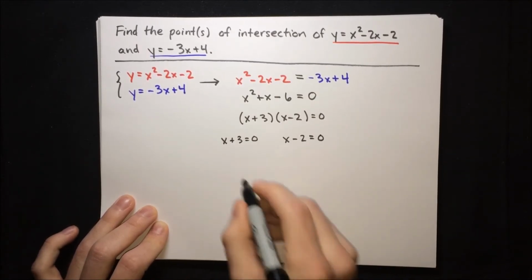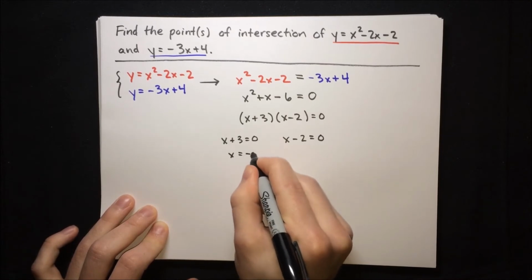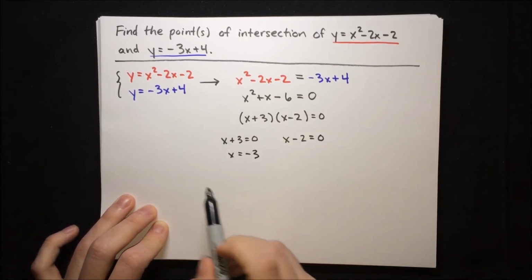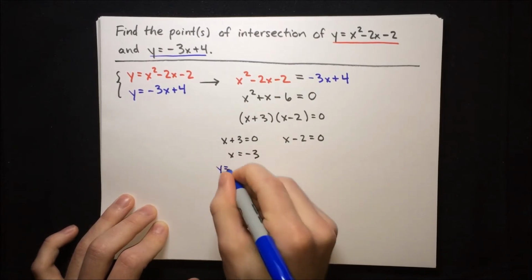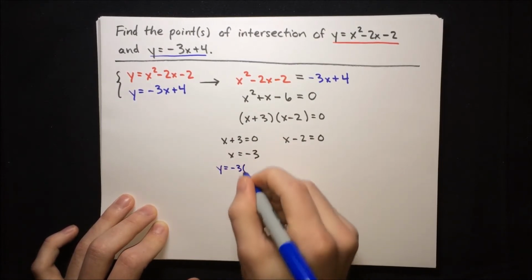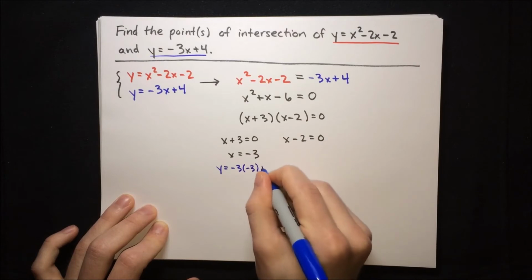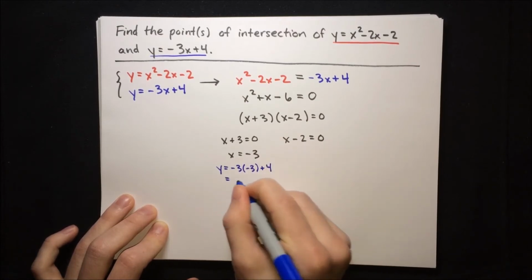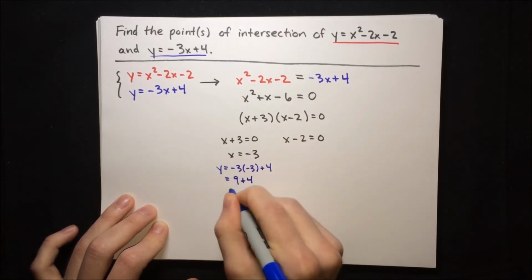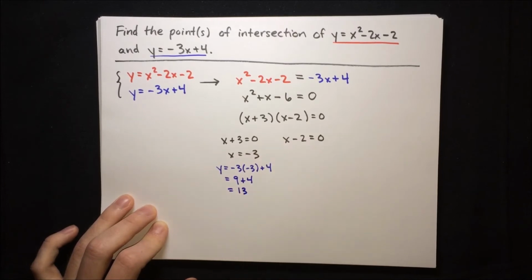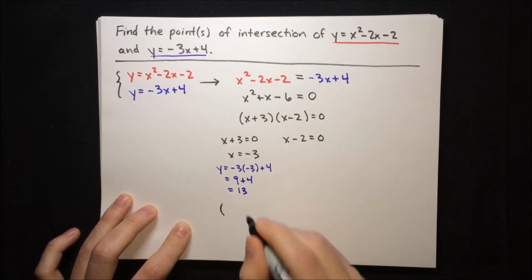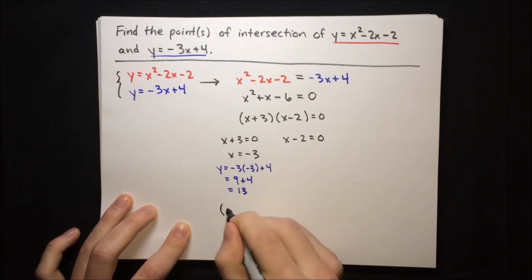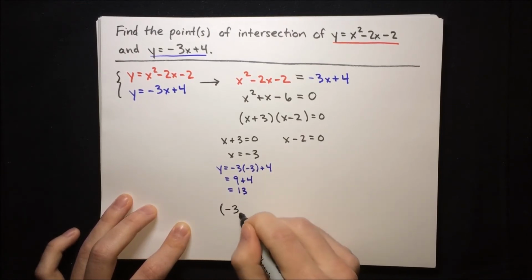If x plus 3 equals 0, then x equals negative 3, and then y equals negative 3 times negative 3 plus 4, which equals 9 plus 4, which equals 13. That means our point for this case is (negative 3, 13).